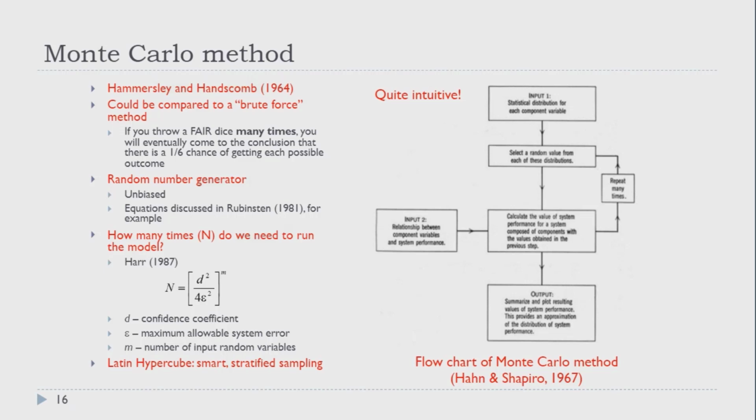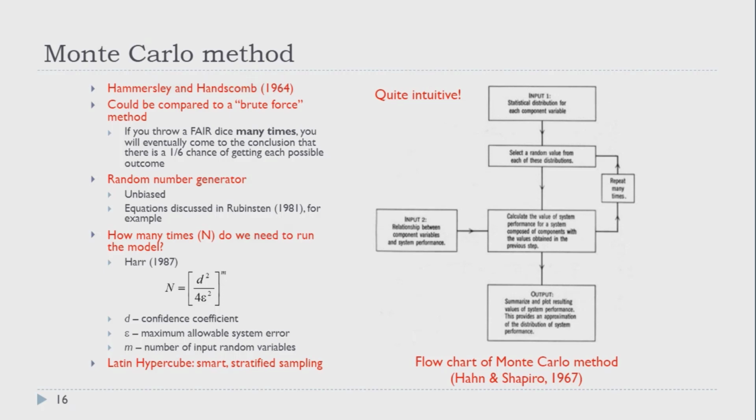The main thing here with Monte Carlo is how many times we need to run the model. We typically require a very large number of trials. That means this is a very expensive option. But the approach is very general, very robust, and therefore one of the most well-known and popular methods.